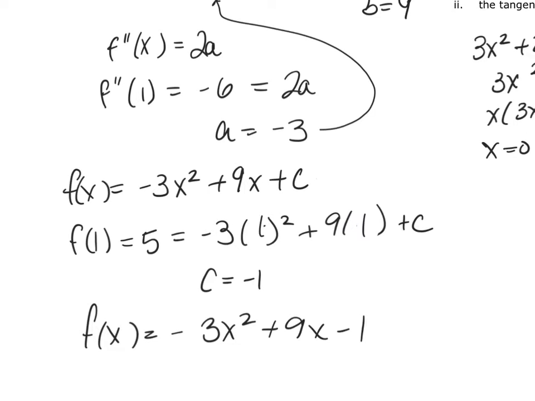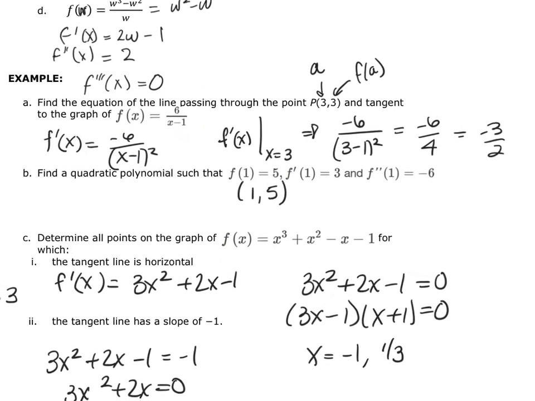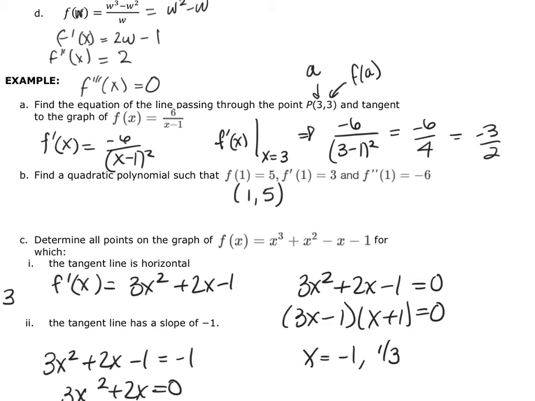How was that? A lot easier than I thought it was. It's all good. Now, if this had been f prime of x, and f prime of 1 was equal to 0, what would that have told you? If my derivative equals 0 when I put in 1, that means I'm at a turning point.